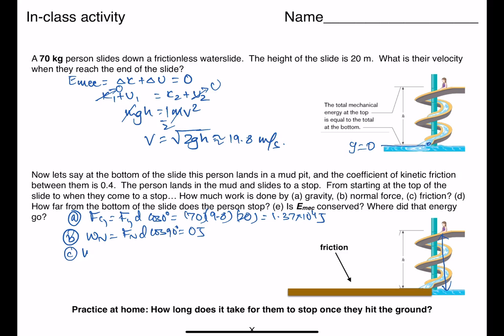Work done by friction is mu mg d cosine of 180. While the person is here, friction is in the opposite direction.